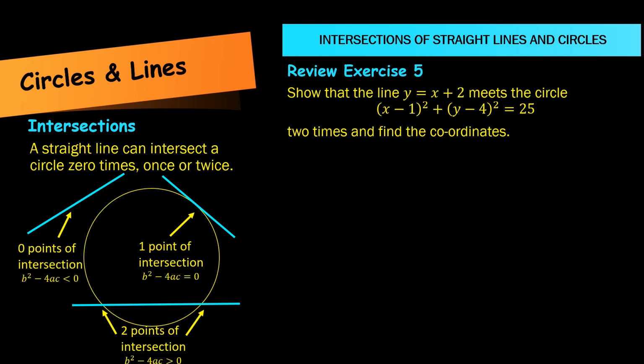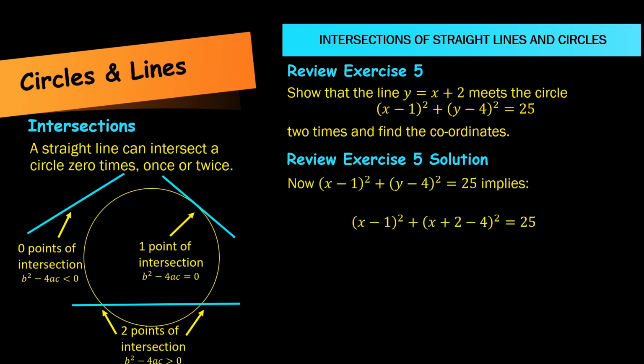So let's solve this. If we substitute the equation of the line in the equation of the circle, as shown, then we obtain x minus 1 all squared plus x minus 2 all squared equals 25.